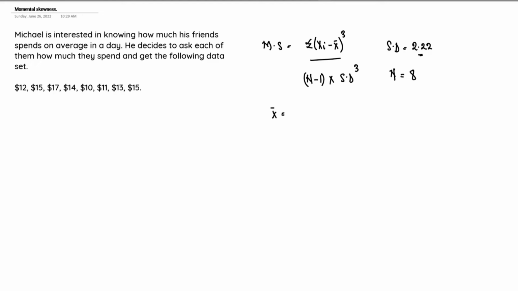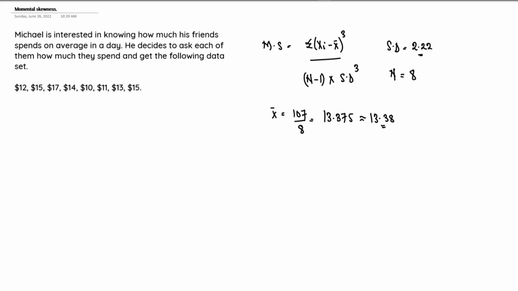So we have 12 plus 15 plus 17 plus 14 plus 10 plus 11 plus 13 plus 15, and that gives us 107. 107 divided by 8 gives us 13.375. I would like to approximate this to 2 decimal places. So this is approximately 13.38. So we have our mean.